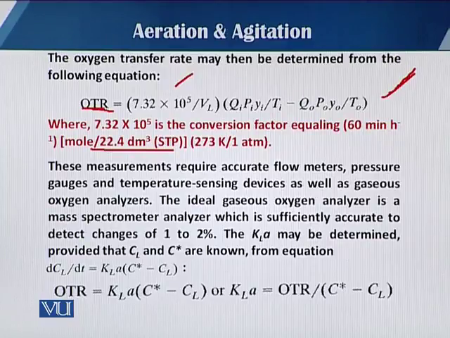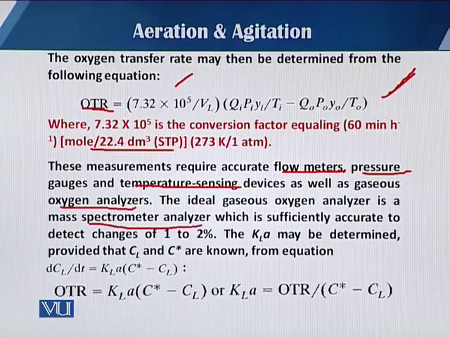These measurements require accurate flow meters, pressure gauges, temperature sensing probes, and gas analyzers. The ideal gas oxygen transfer analyzer is the mass spectrometer analyzer, which is sufficiently accurate to detect changes even from 1 to 2%. So the KLa may be determined provided CL and C star are known from the equation.